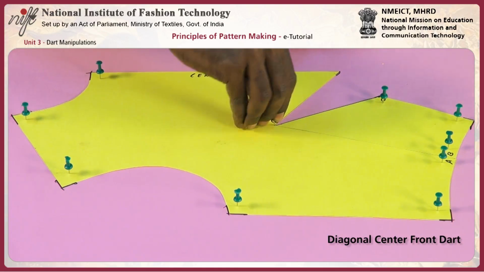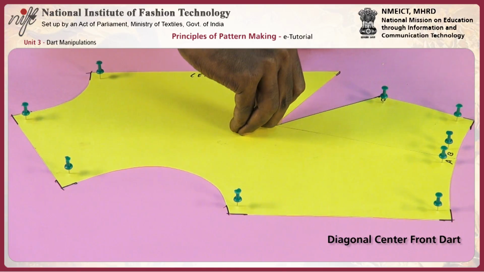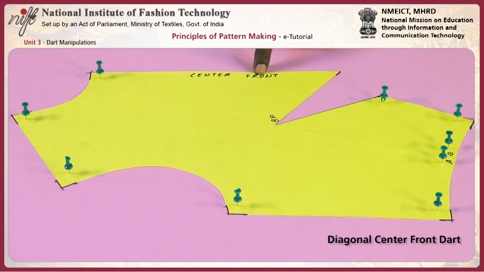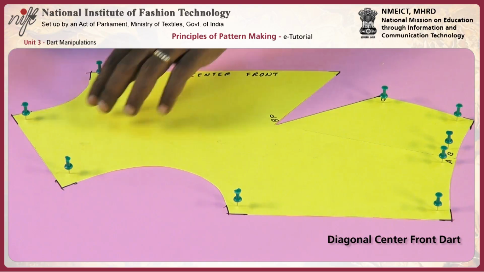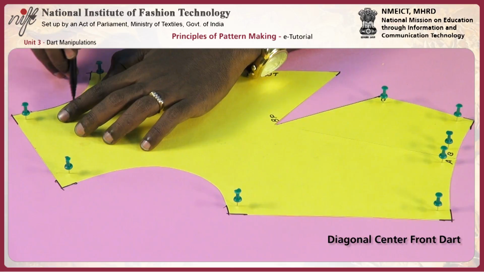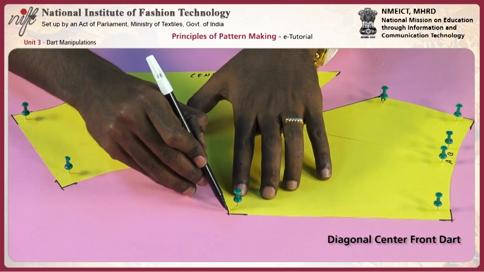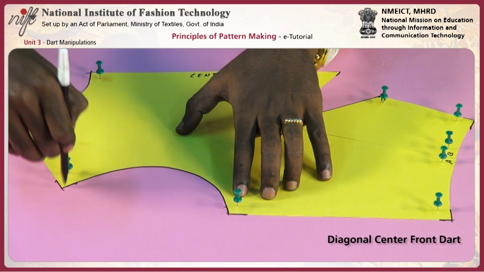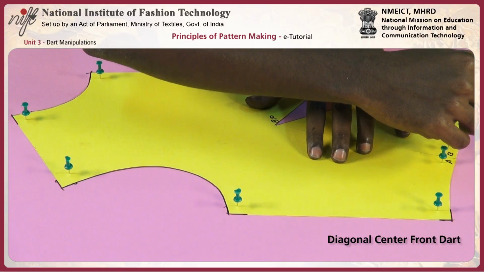Mark the bust point. Draw the neckline. Draw the armhole line. Draw the waistline.